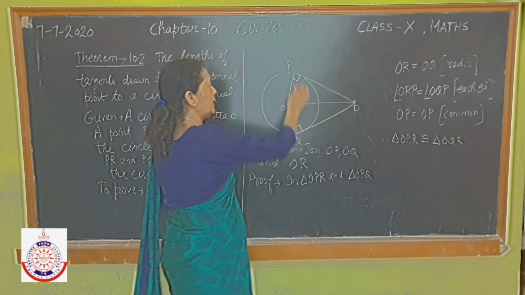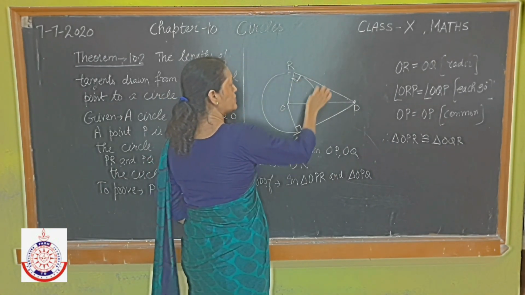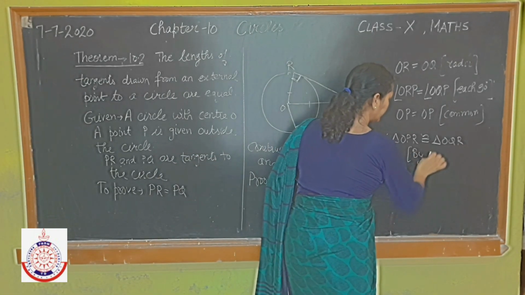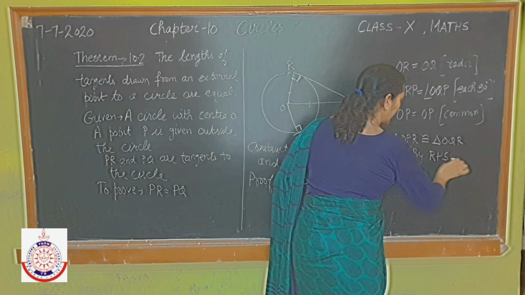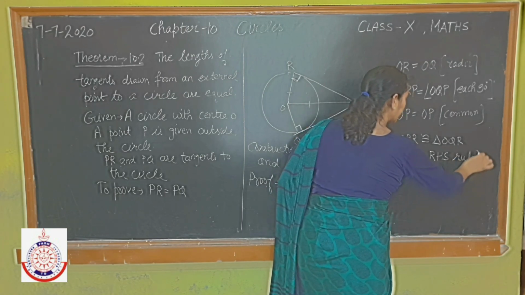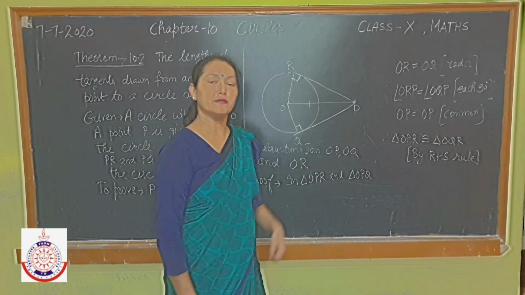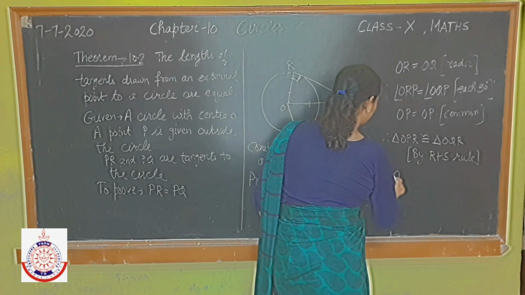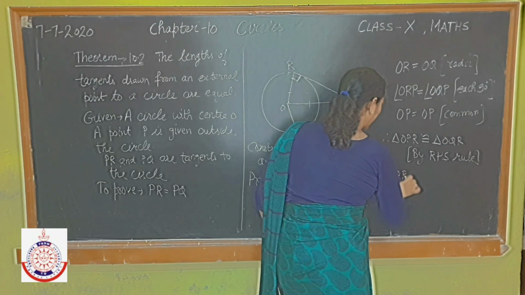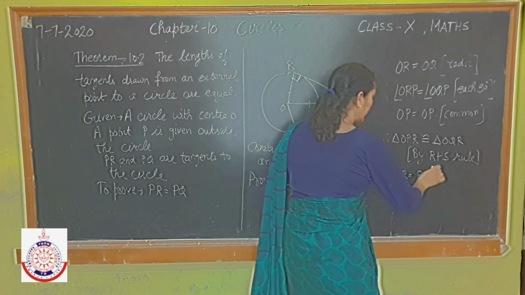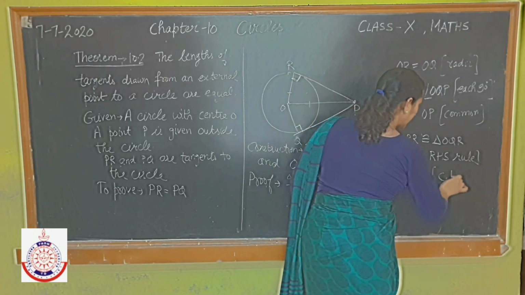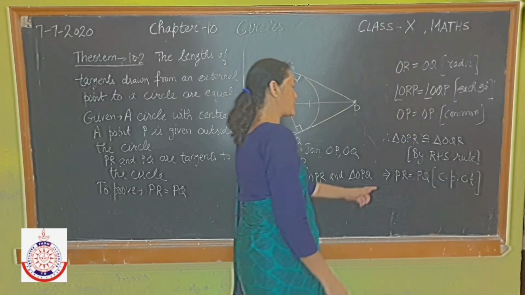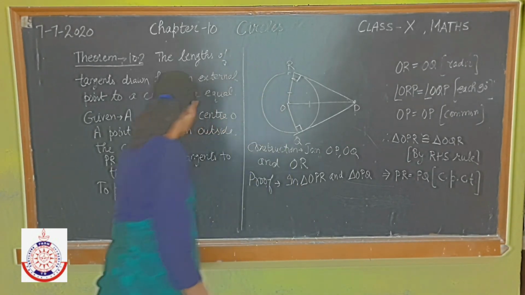We have used right angle, hypotenuse and one side, the RHS rule. RHS congruency rule. So if triangles are congruent, then by CPCT, this PR is equal to PQ by CPCT, corresponding parts of congruent triangles.